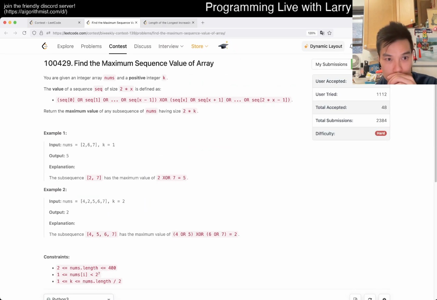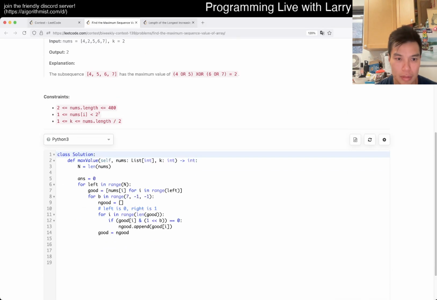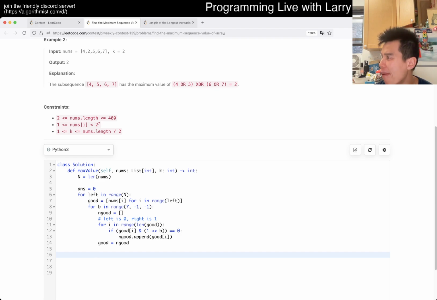Maybe I just don't know how to do it. Now focus bitwise. Left has to be C. Because then you have to branch out. That's the hard part. Well, I mean, that's one hard part.